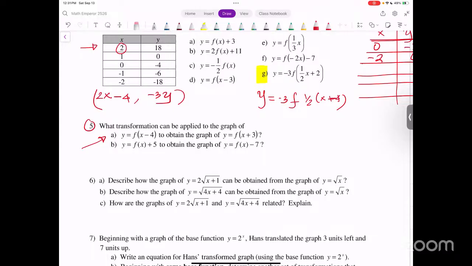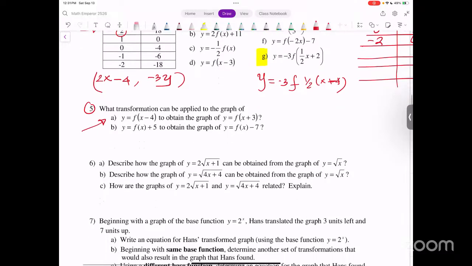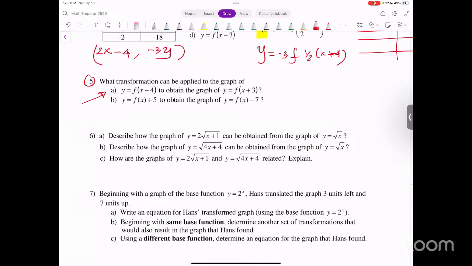All right, so going back to this: what transformation do you have to apply to y equals f(x minus 4) to obtain the graph of y equals f(x plus 3)?